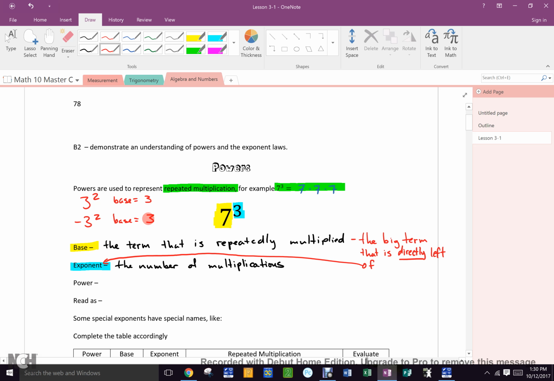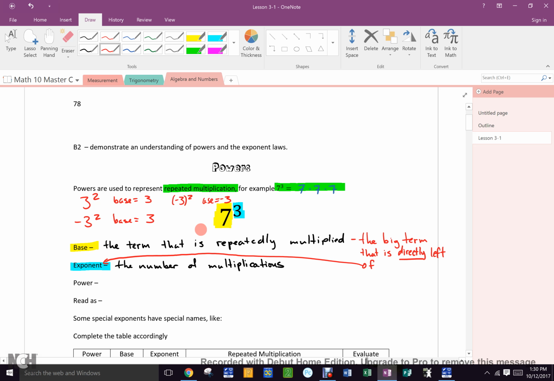Because there's no brackets around the negative 3. Because the thing that is directly left of the exponent is only a 3. And finally, negative 3 squared. Now what's the base? That base is negative 3. So if you were to write out the second one, it would just be 3 times 3 times 3. We're going to get to that. Okay. Base equals negative 3.